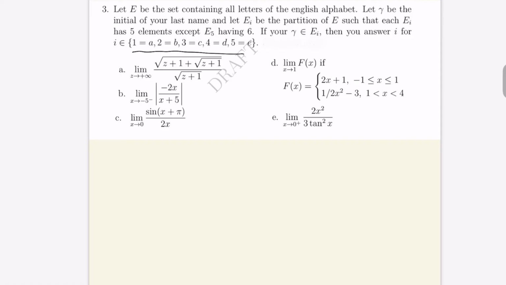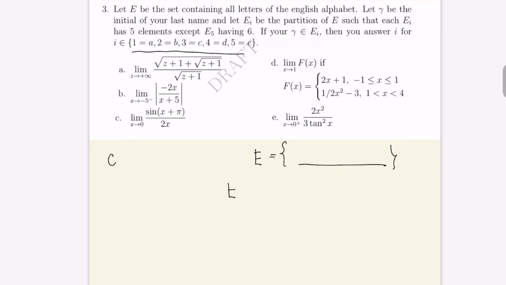So, for example, my last name is Kai, so that's letter C. So what is the partition of E? E is the English alphabet. The partition of E such that each E sub I has 5 elements except E sub 5.